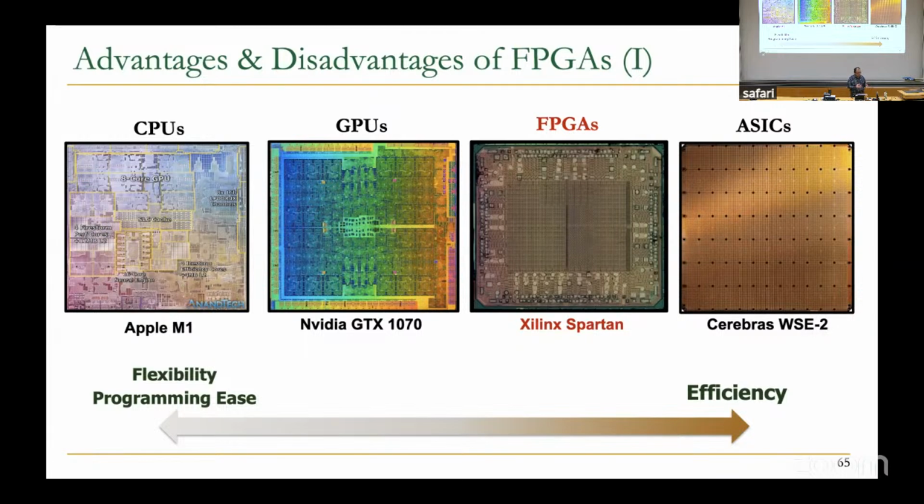So today's systems are combining all these, because not every application can be accelerated in any one of them. So you need to benefit from all these things together, essentially. Any other question?